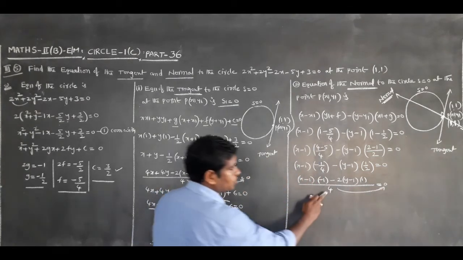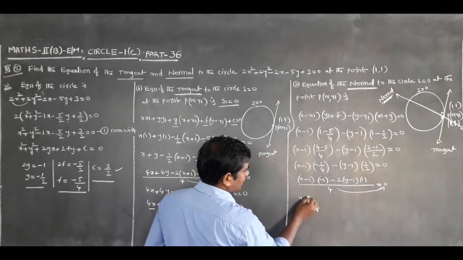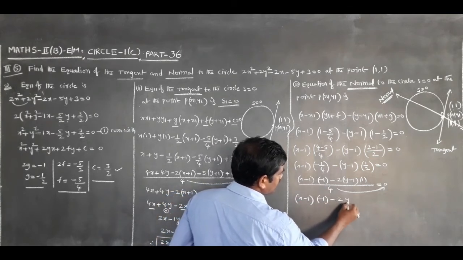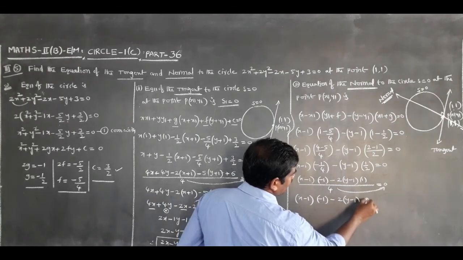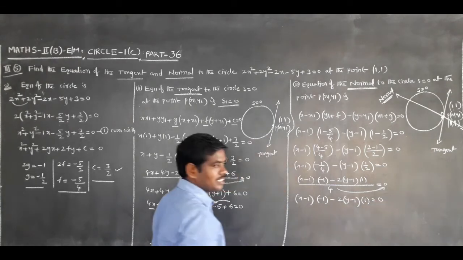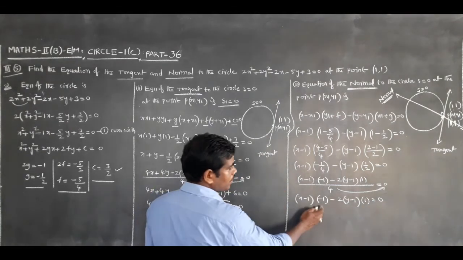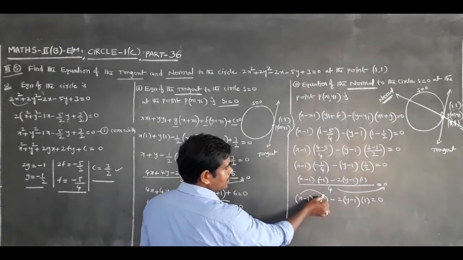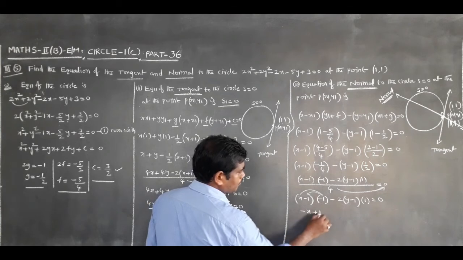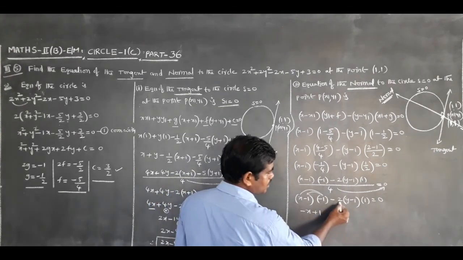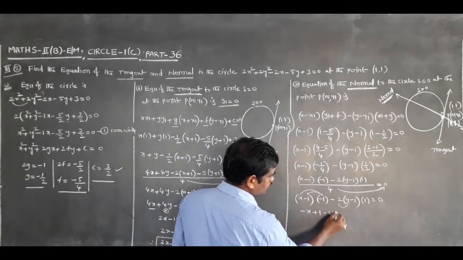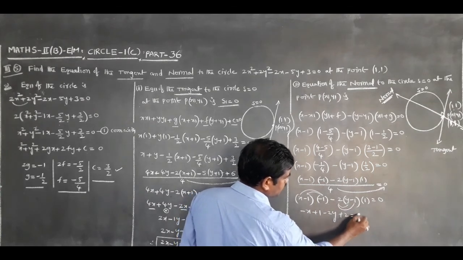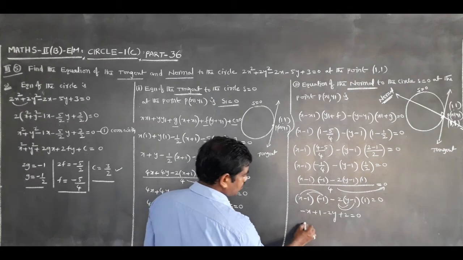(x minus 1) into minus 1 minus 2 into (y minus 1) into 1 is equal to 0. Minus x plus 1, minus 2y plus 2 is equal to 0.